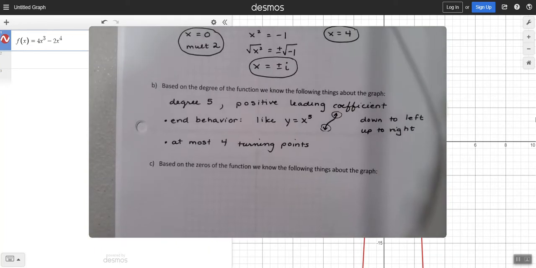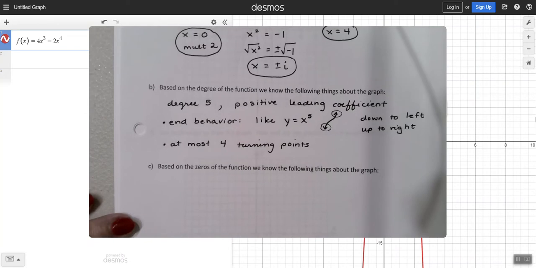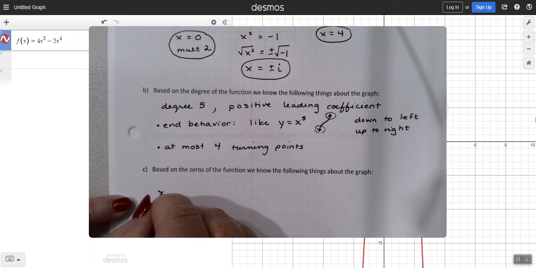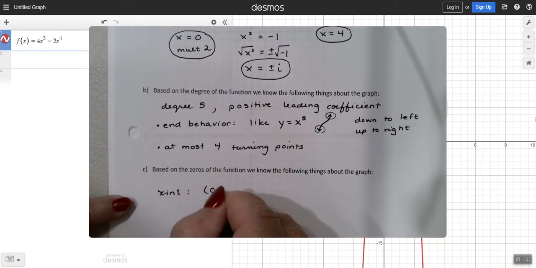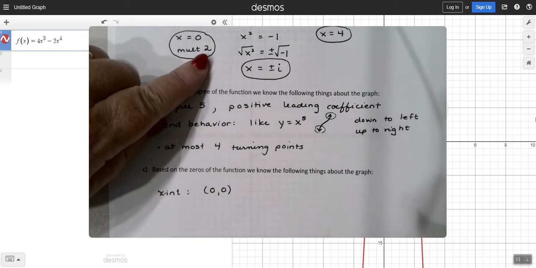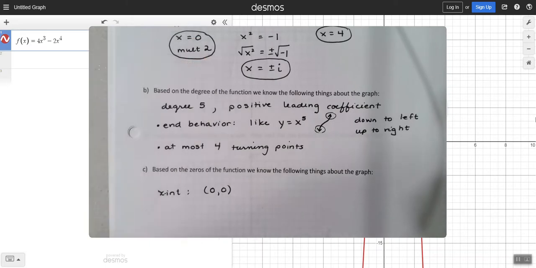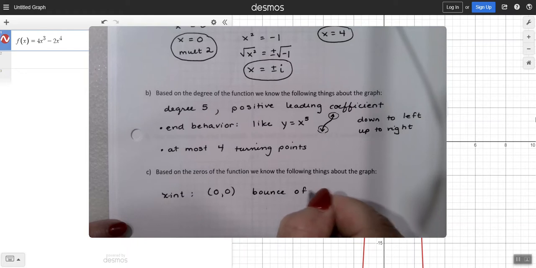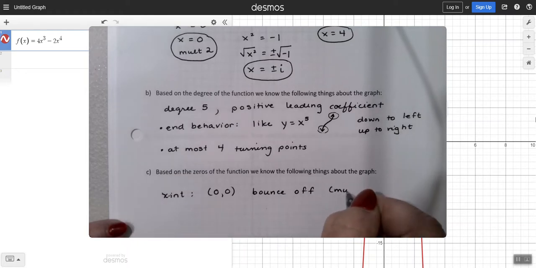All right, based on the zeros, what do we know about the graph? Well, x equals 0 is going to give us an x-intercept at 0, 0. And with the multiplicity 2, that one's just going to kind of bounce off the x-axis like all even multiplicities do.